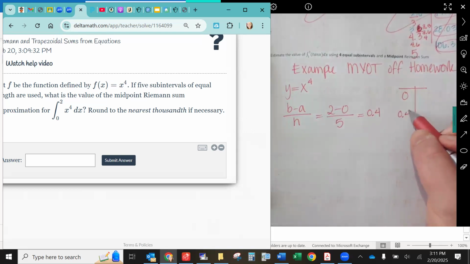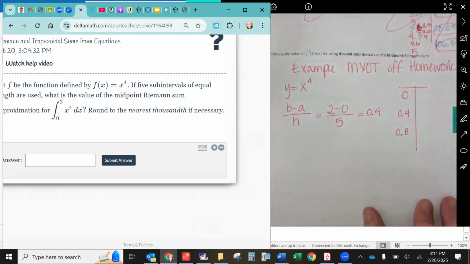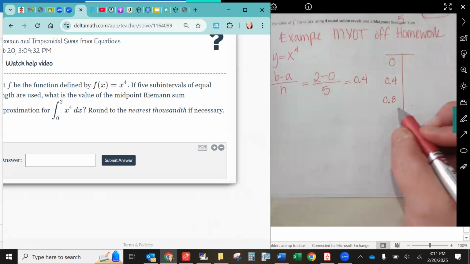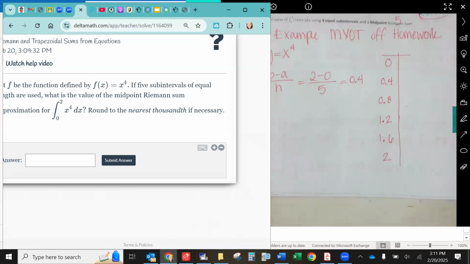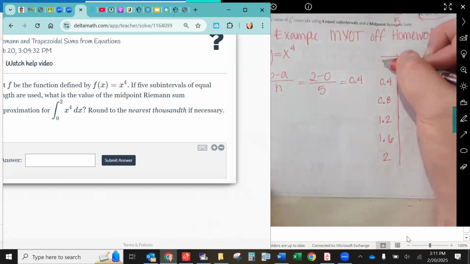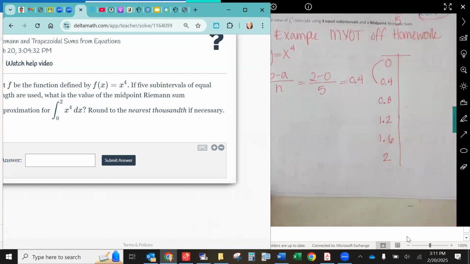So 0.4. Let's do this more carefully than I did the last example. 0.8. What would be 0.4 after 0.8? 1.2. Then what? 1.6. Then stopping at 2. Here's the problem for midpoints that doesn't happen on the other Riemann sums. When I go from 0 to 0.4, what x do I want to use its y value for?